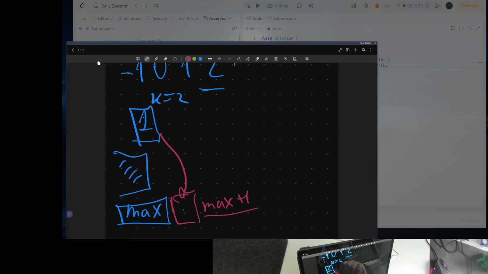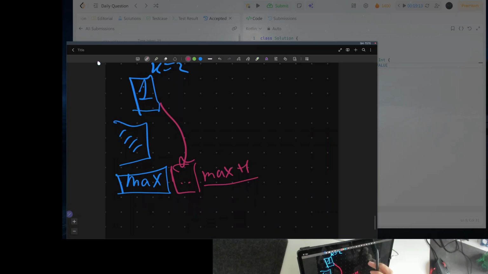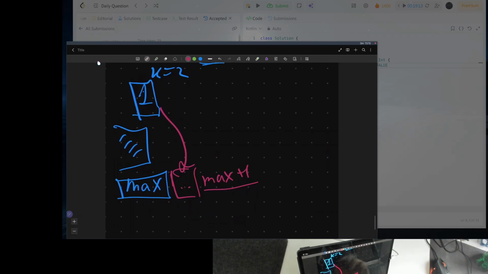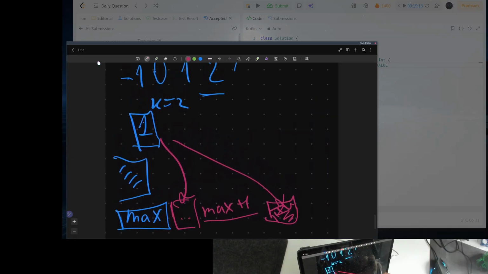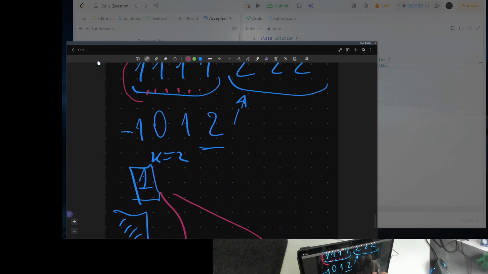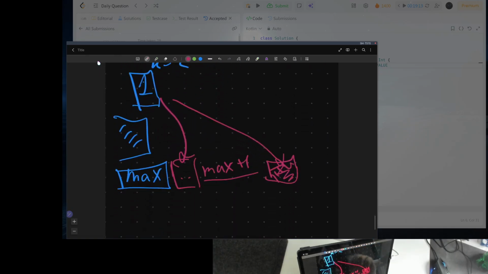We can put it there, or if it's far from this max, we just take it, and there are no restrictions. But we want to take as small a number as possible, because we want to make sure the other numbers that follow will also be taken.